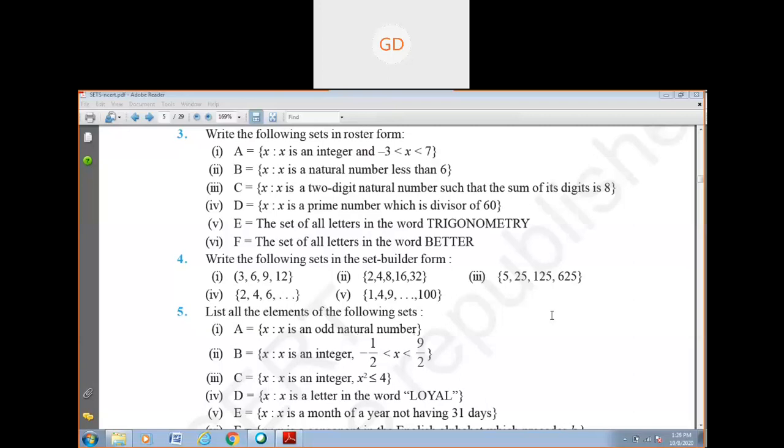Anybody? Can you say? No. Okay, then you can note it down.